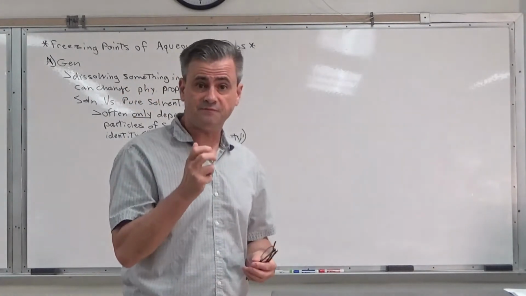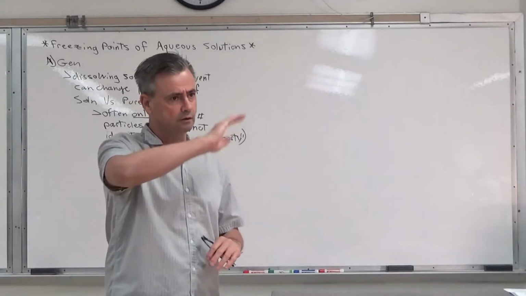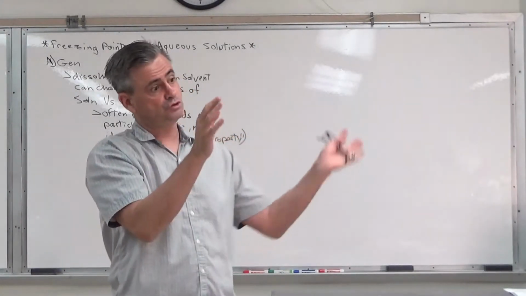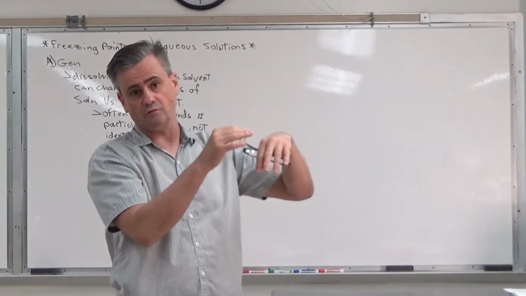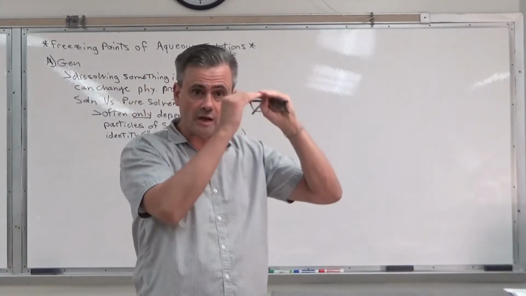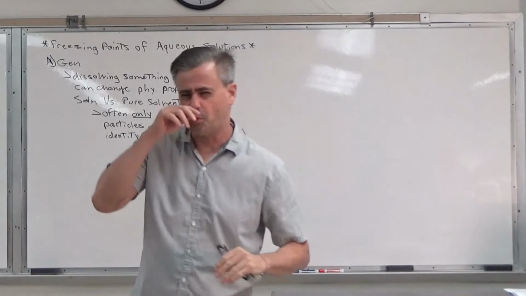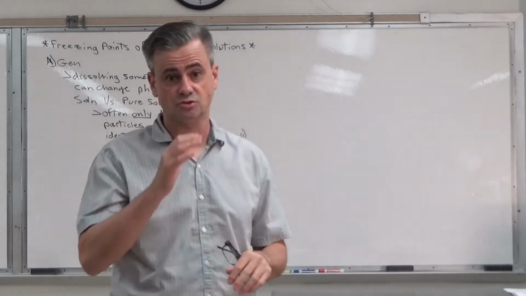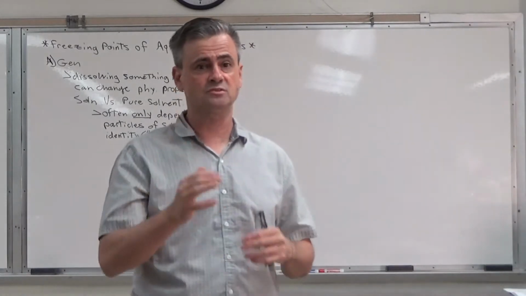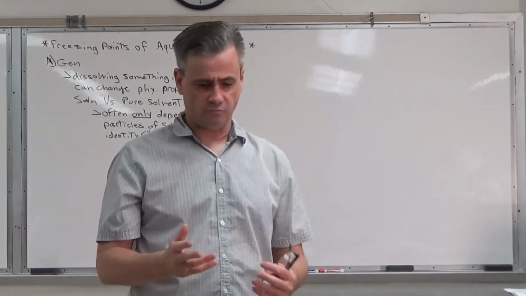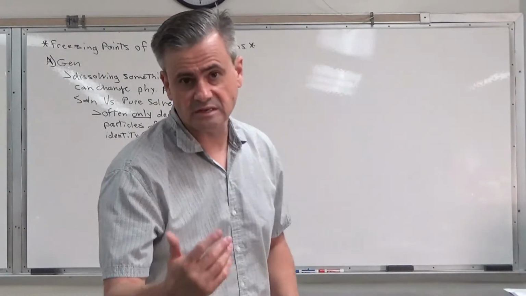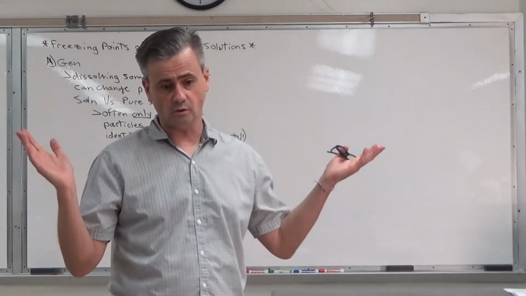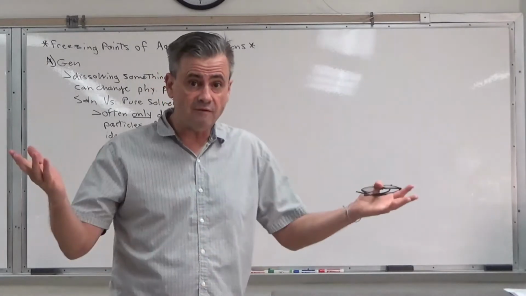Some other colligative properties. Boiling point elevation. Water or ethanol or isopropyl alcohol has a boiling point. If you dissolve something in those solvents, their boiling points are actually higher. Boiling point has a little bit more complex definition than just the transition of liquid to gas, because there are lots of temperatures at which something will turn to gas. If I put water out on a table at room temperature, it will turn to gas if you give it long enough, right?